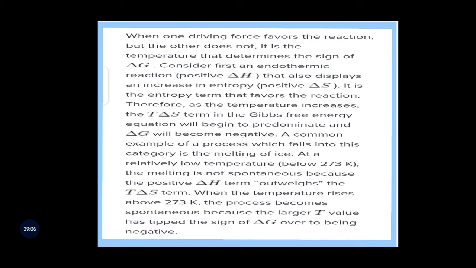At a relatively low temperature below 273 Kelvin, the melting is not spontaneous because the positive delta H term outweighs the T delta S term. When the temperature rises above 273, the process becomes spontaneous because the larger T value has tipped the sign of delta G over to being negative.